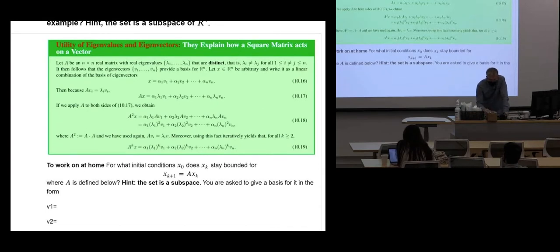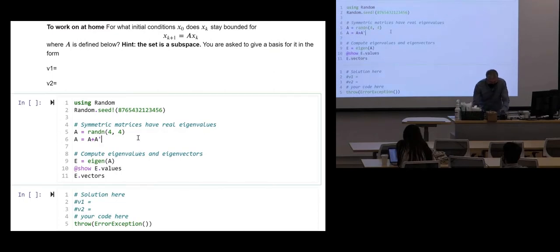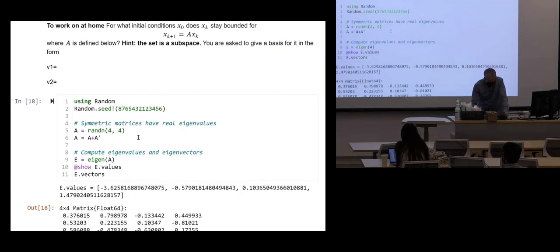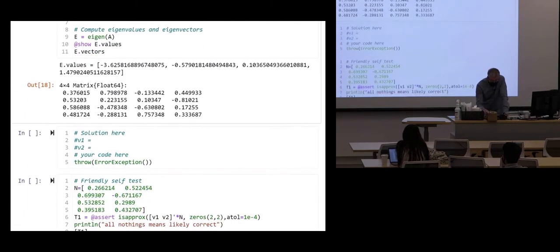And so what I want you to do at home is take this example. Here's another symmetric matrix, A plus A transpose. It has real eigenvalues, -4, let's say, -0.5, 0.1, and 1.5.